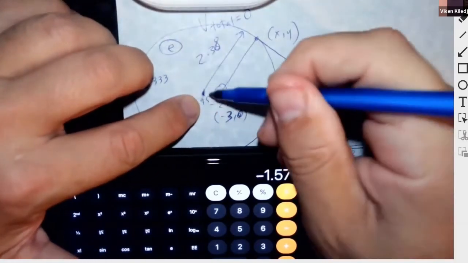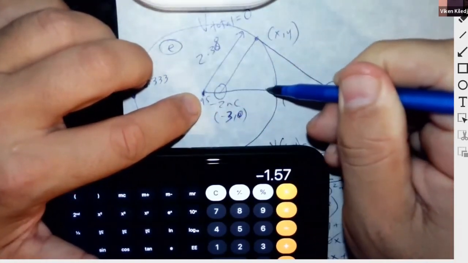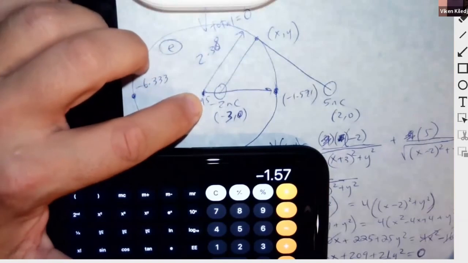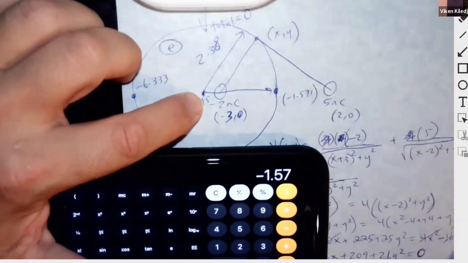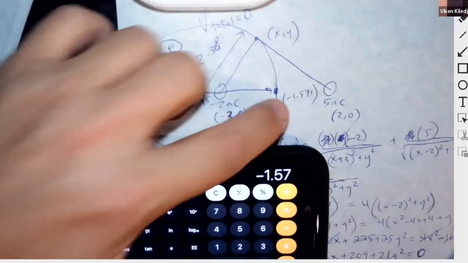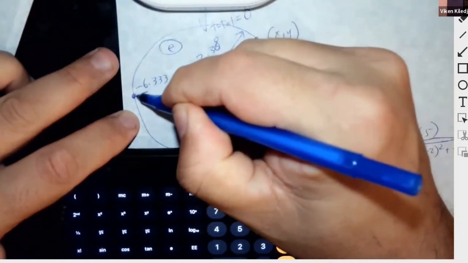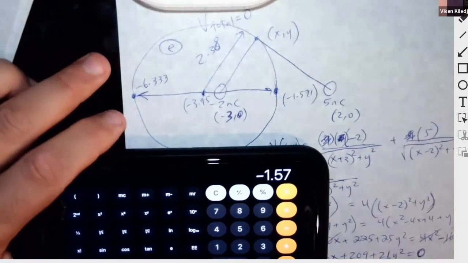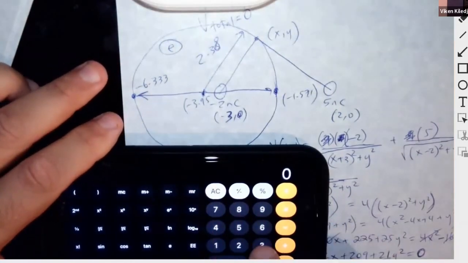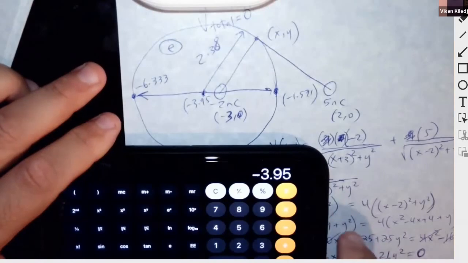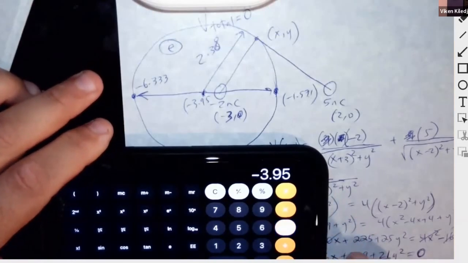See, if I go this way, then it gets me over there. If I go this way, so then what would I do? Negative 3.95 minus 2.38.